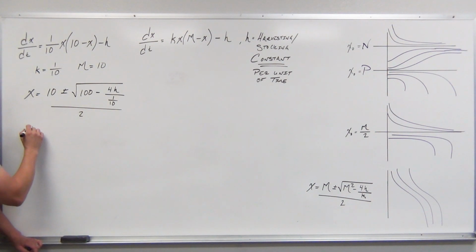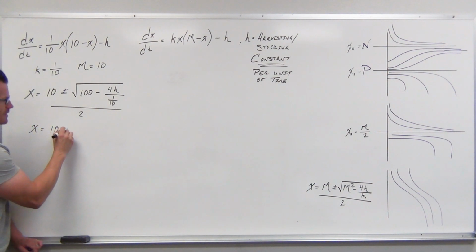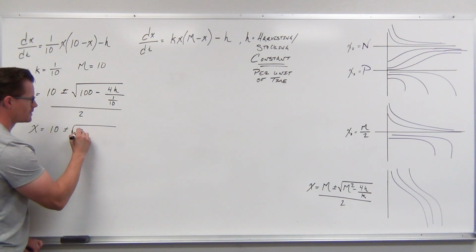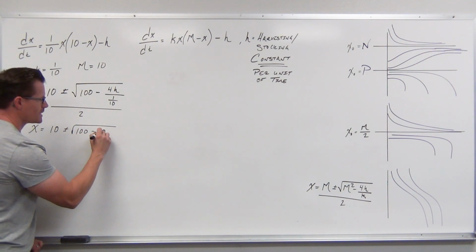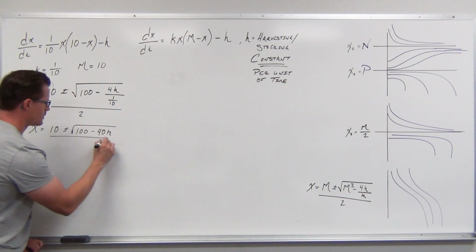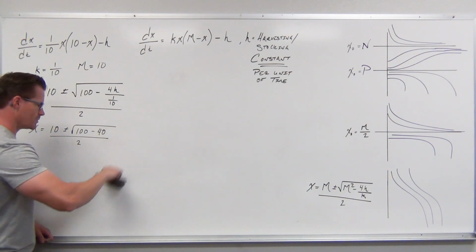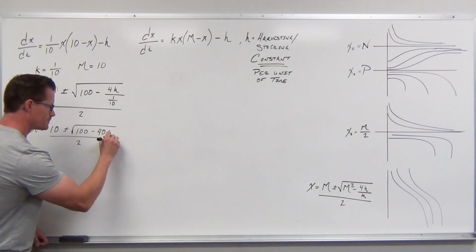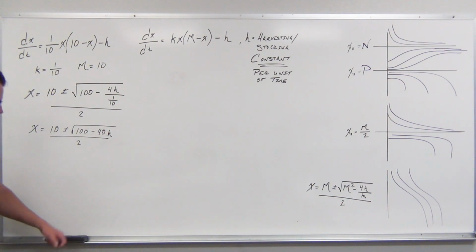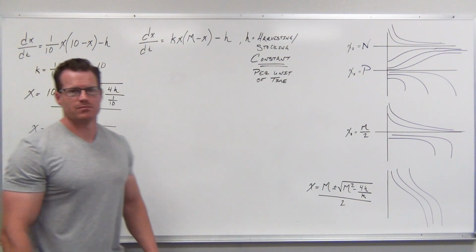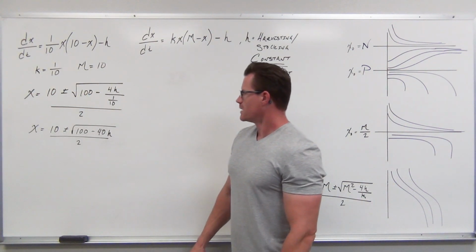Then our critical points would be 10 plus or minus the square root of 100 minus 40h, all over 2. You can do a little bit more work with this if you want to, but it doesn't really matter. You can factor out the 10 and simplify that a little bit, but we don't have to. Our critical points are going to be exactly what that is.